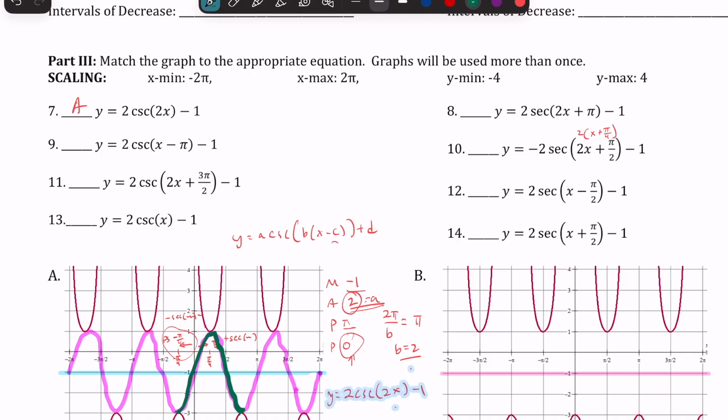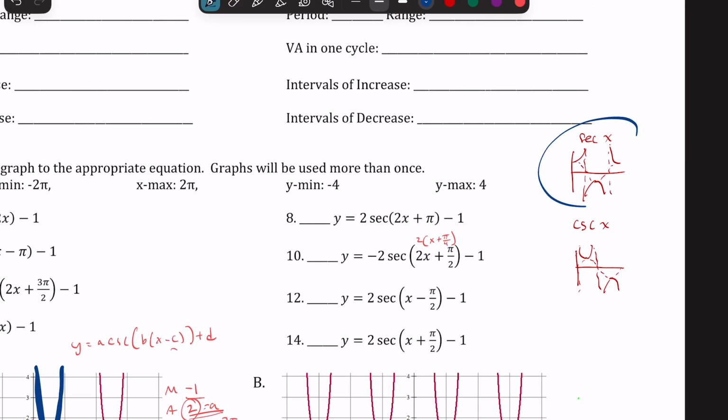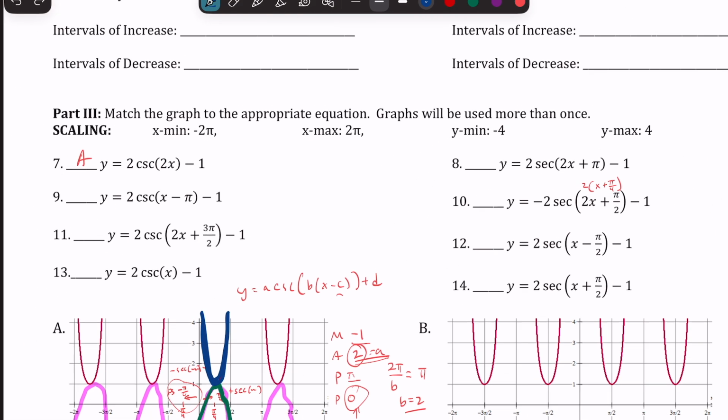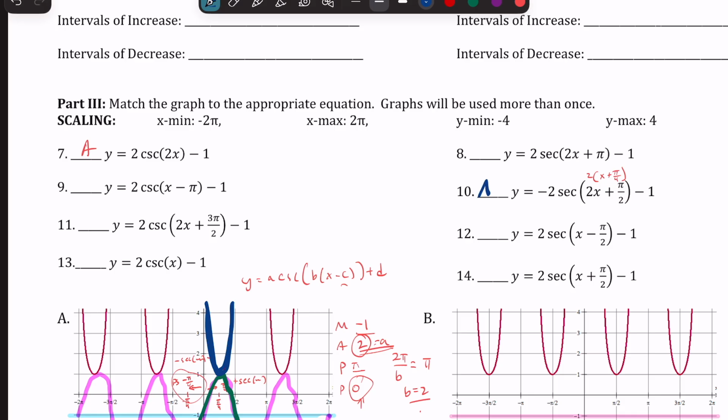So really, we're looking at this secant graph here, the blue. And since this is flipped of this, this is probably our A.